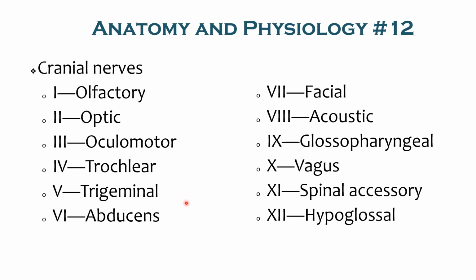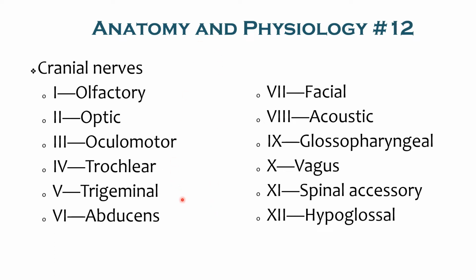For motor, it is responsible for temporal and masseter muscles, or jaw clenching, and the lateral pterygoids or lateral jaw movement. And for sensory, it has function on the face, no? The nerve has actually three divisions: ophthalmic, maxillary, and mandibular, as shown in the previous slides.